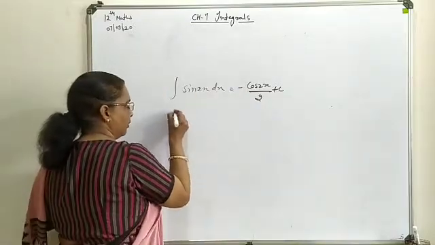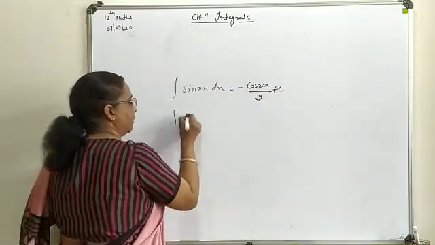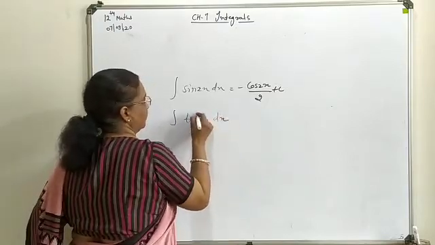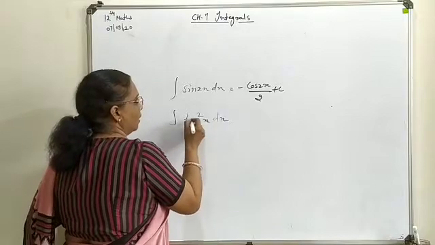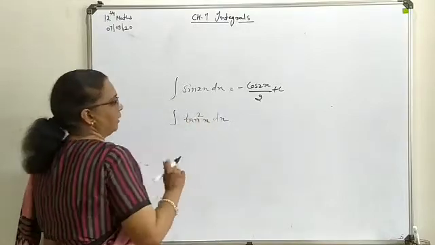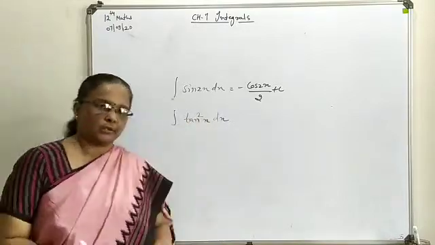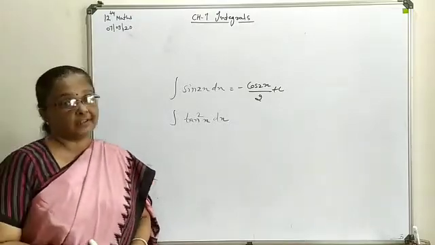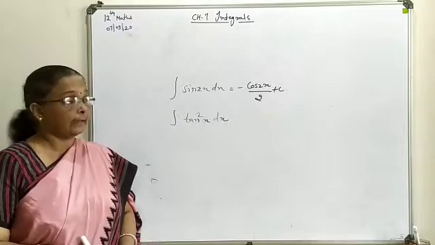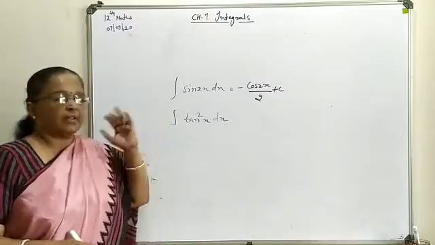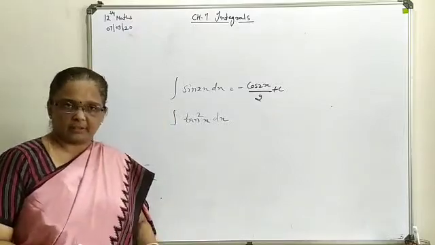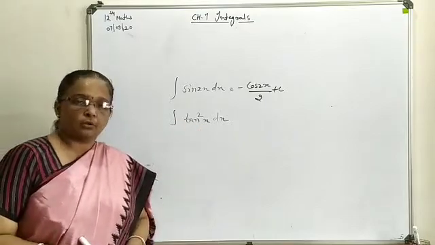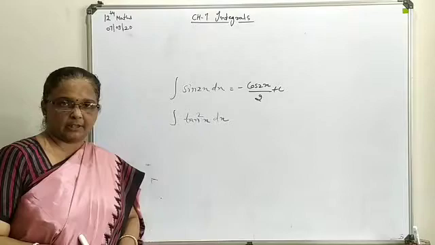An important thing to keep in mind is when you have a term like tan square x dx. In the formula list we have formed up to now, two things we have discussed. First, sec square x we have written as an integration form. Secondly, tan x we have written in an integration form. But here, suppose you have the term tan square x, how do we write it in integration?